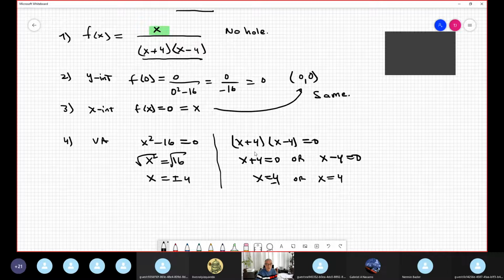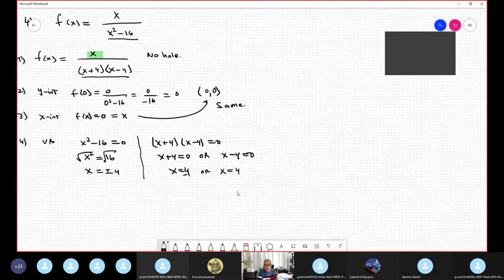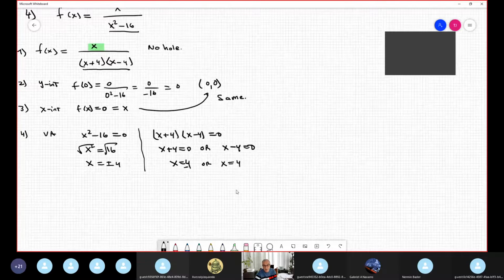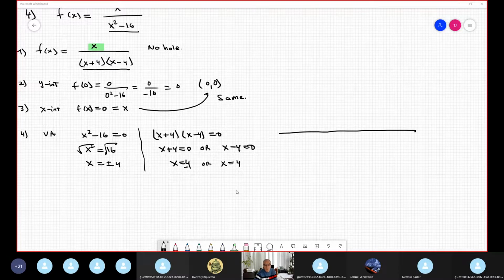Okay, super. In this moment, I'm happy because I am ready to make a rough sketch of this graph. Because we have in my hand 0,0, which is x and y, and 2 asymptotes, which are 4 and negative 4, right? So it's 4 and negative 4. 1, 2, 3, 4. 1, 2, 3, 4.